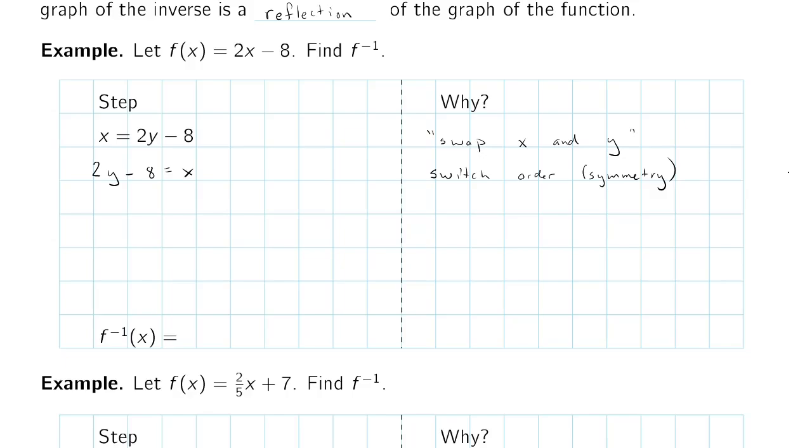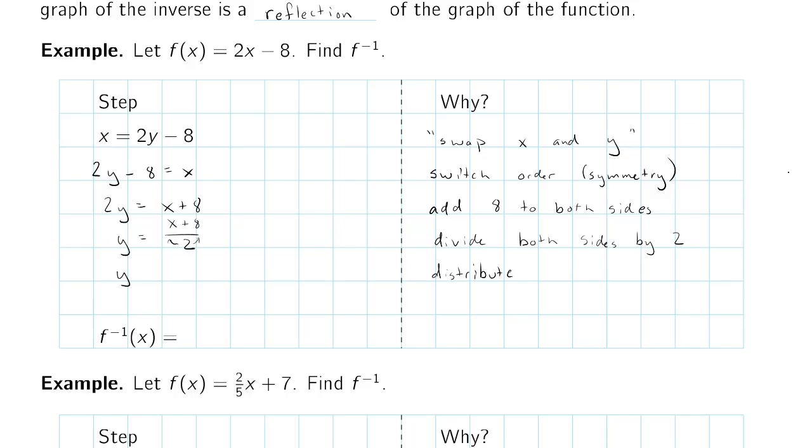Now I'm going to add 8 to both sides. And I'm going to divide both sides by 2. And finally, in order to make this look linear, in order to get this also in the form y equals mx plus b, I'm going to distribute that division.